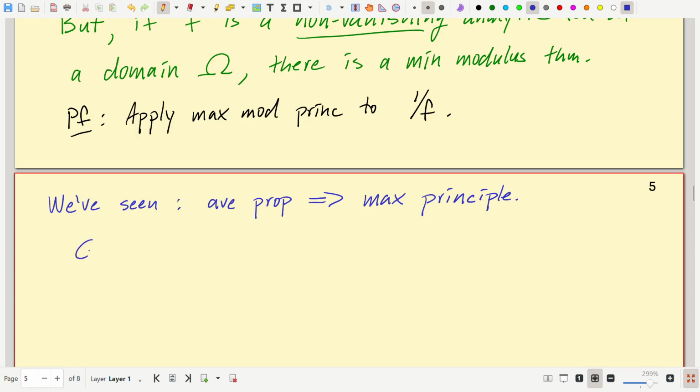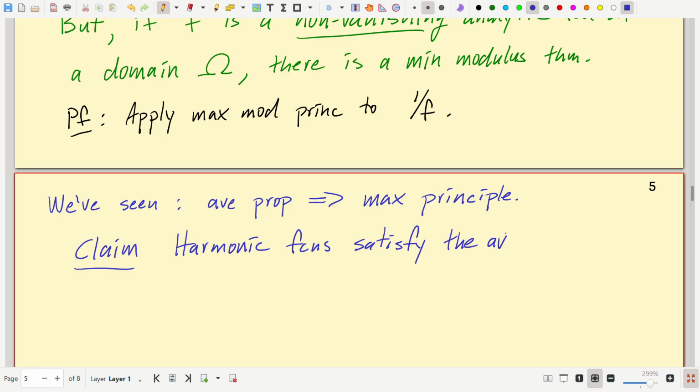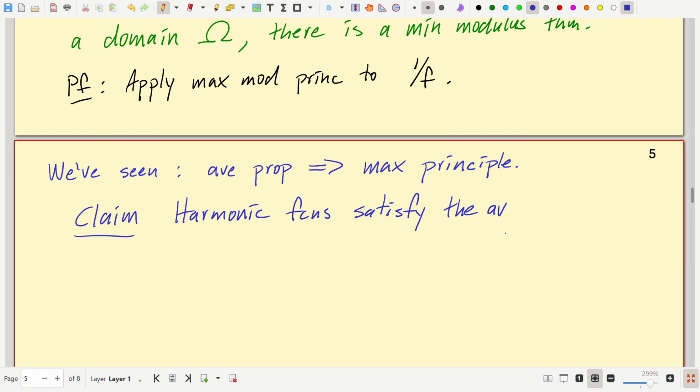Well, I claim that harmonic functions satisfy the averaging property. And so, of course, there's going to be a maximum modulus, a maximum principle for harmonic functions.